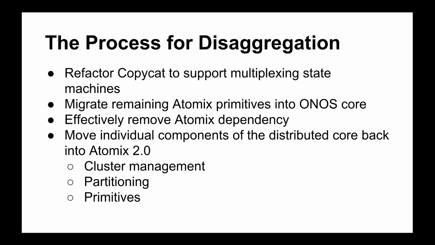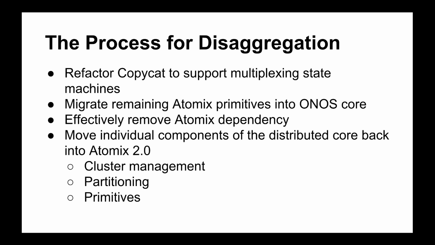So the way I think we could go about separating out the ONOS primitives into Atomics is essentially by merging Atomics back into ONOS, which is the resource manager, the client, and the primitives that are still in Atomics and used inside of ONOS. We get everything working and clean it up there, and then I think it's pretty simple to move that stuff back out. That's my thoughts on that.